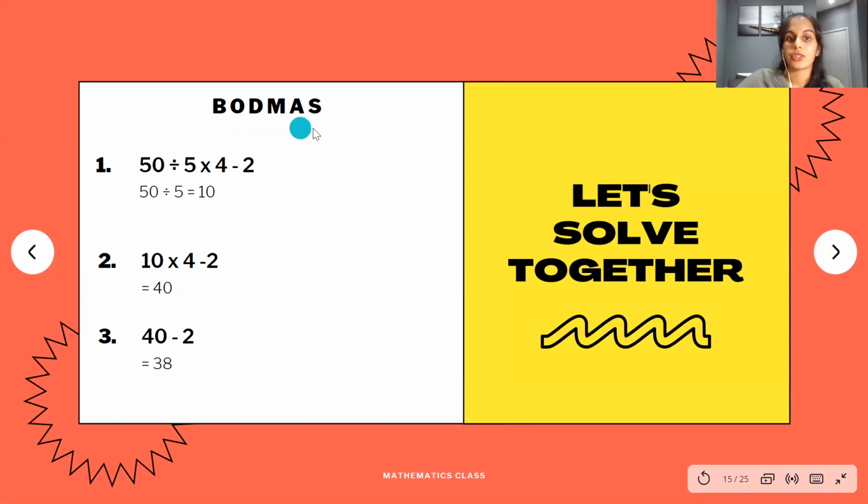So we would do 50 divided by 5, which is 10. So now our equation will become 10 multiplied by 4 minus 2. 10 multiplied by 4 is equal to 40. Next, 40 minus 2, our final answer is 38.